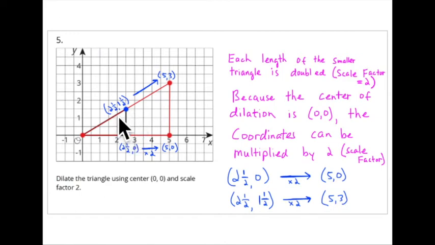So this has an x value of 2.5 and a y value of 1.5. Well, 2 times 2.5, we already did that one, that's out to 5. But now 2 times 1.5 is 3. So this length is going to go from 1.5 to 3. So you're going to go out to 5, and then 2 times this 1.5 is going to move the coordinate up to 3. So it's now 5, 3.